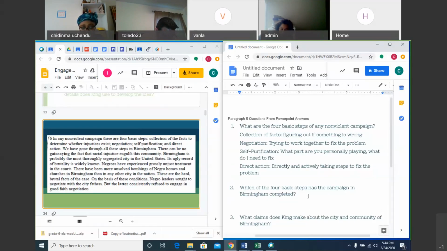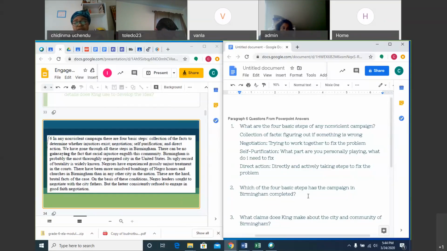So when you say the demonstration is remaining, if that's the case, why would Dr. King say we have gone through all these steps in Birmingham? They already have the demonstration.